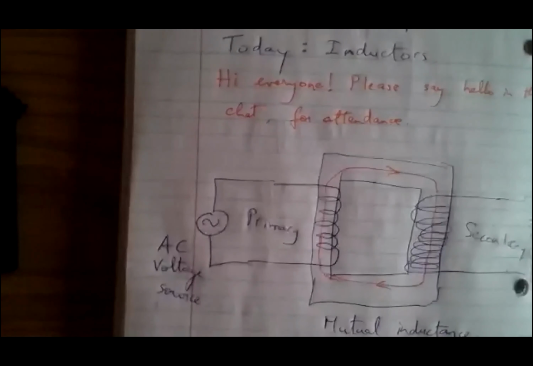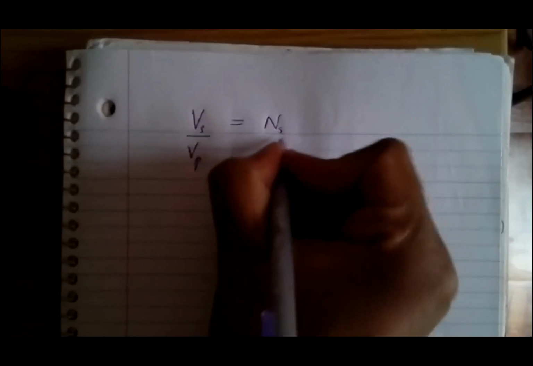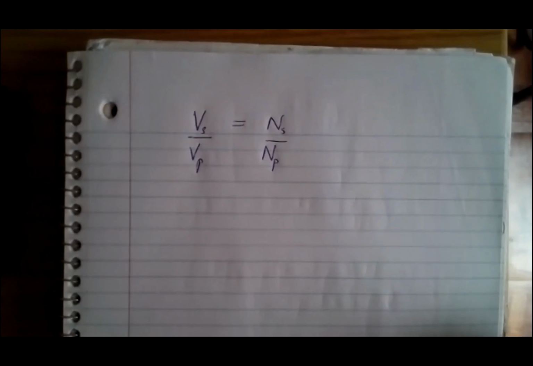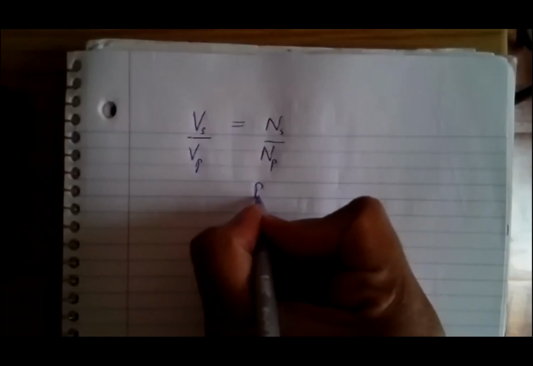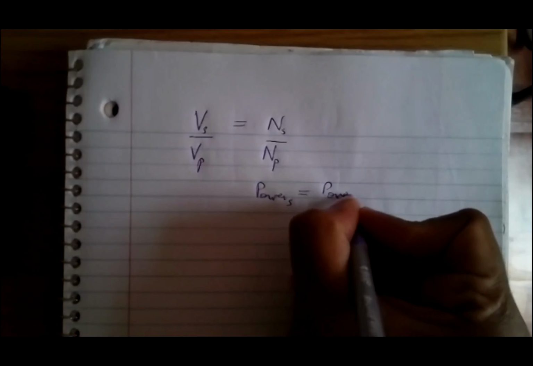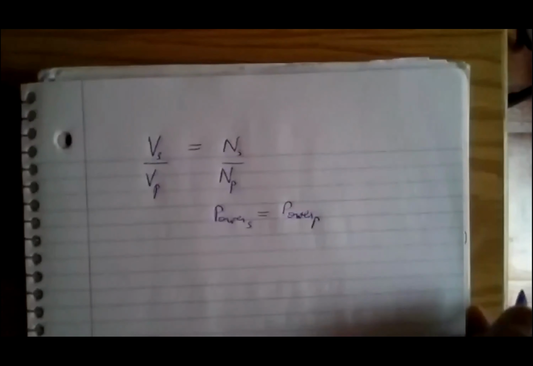Okay, so that pretty much wraps up transformers. I'll end one more time with the most relevant equations. V secondary over V primary is equal to N secondary over N primary. And we said that power secondary would be equal to power primary, because energy is conserved.